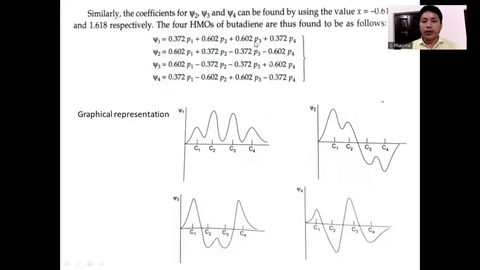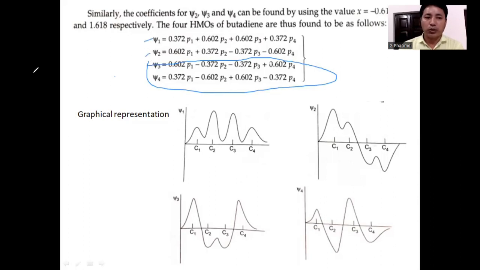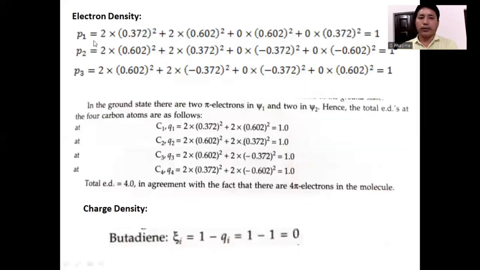So this is the wave function. From here, we can determine the charge density as we have explained. So the charge density will be, since C1 is 2, 3, 4, 1, 2, 3, 4 as C1. That means here there are two electrons, therefore 2 into this and plus 2 into this, but here 0 into this, 0. So these two need not be considered because they do not have electrons, therefore it will become 0. That means we are interested only in these two. So from these two, we can easily determine the electron density.